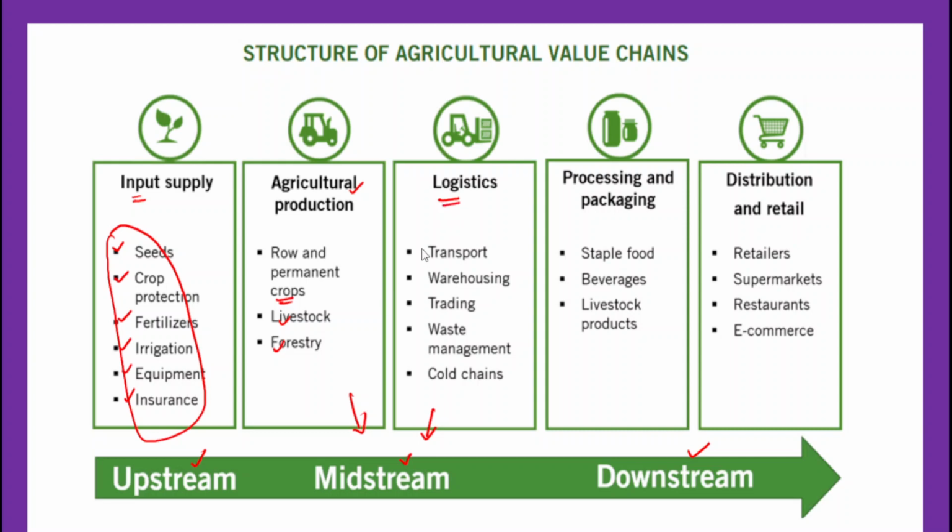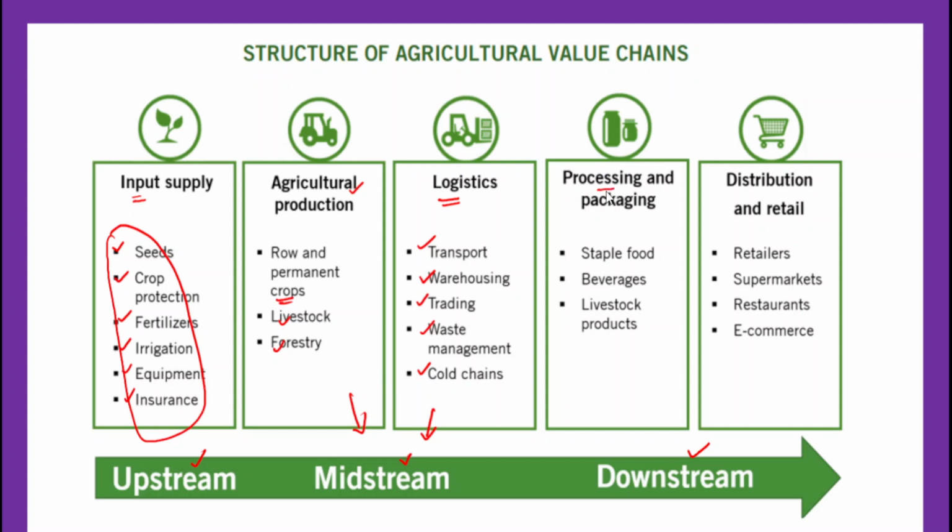It involves transportation, warehousing, generally storage of agricultural produce, and trading of agriculture commodities. Okay, so trading of agriculture commodities is also part of it, and waste management and cold chains are also part of the logistics. And this is the midstream of the agriculture value chains.